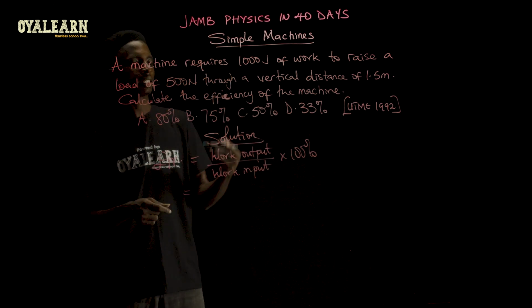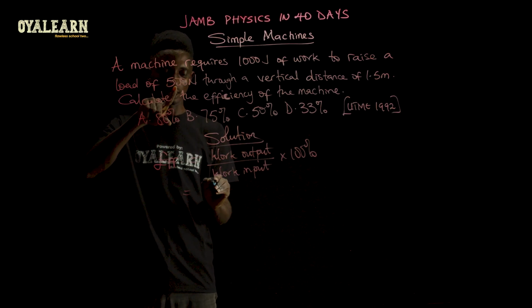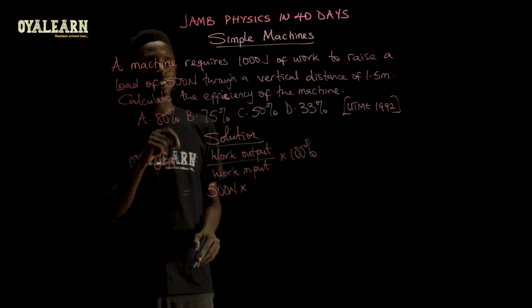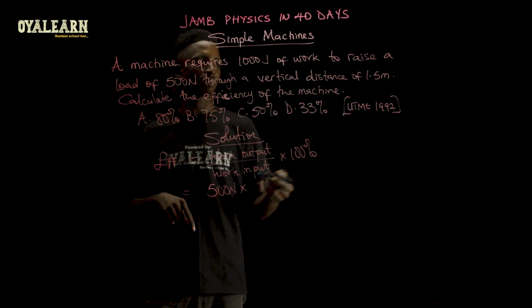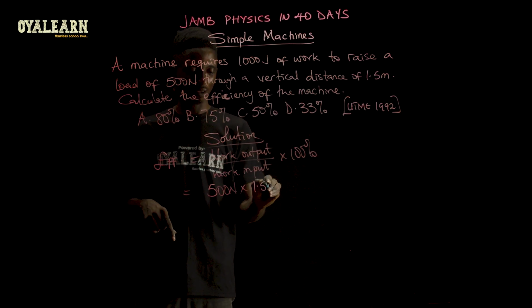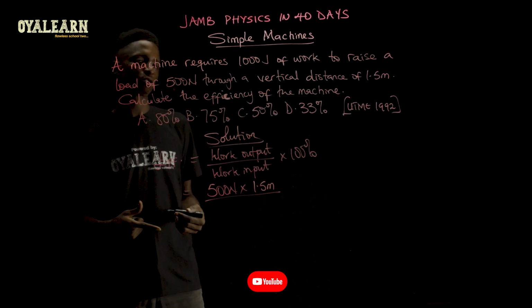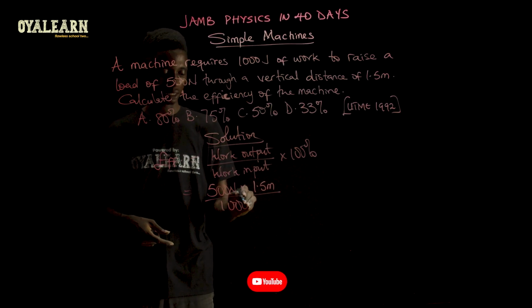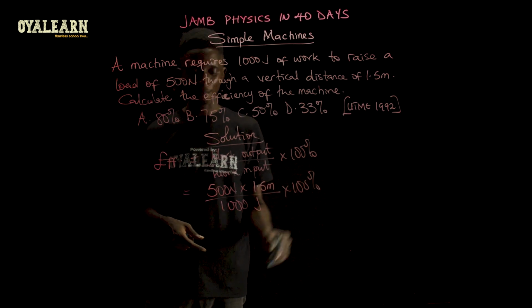And that work is the machine raised a load of 500 newtons. That is force or load, 500 newtons times distance. Remember that work done is force times distance. So this is force, then times distance of 1.5 meters. All divided by the work put into the machine, that is the work input, that is 1,000 joules. All of this multiplied by 100%.